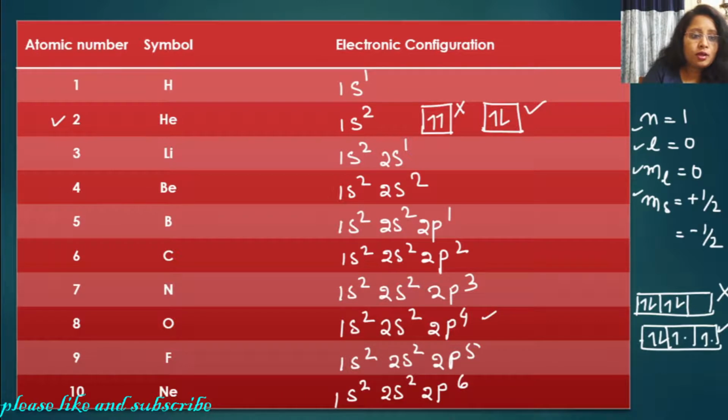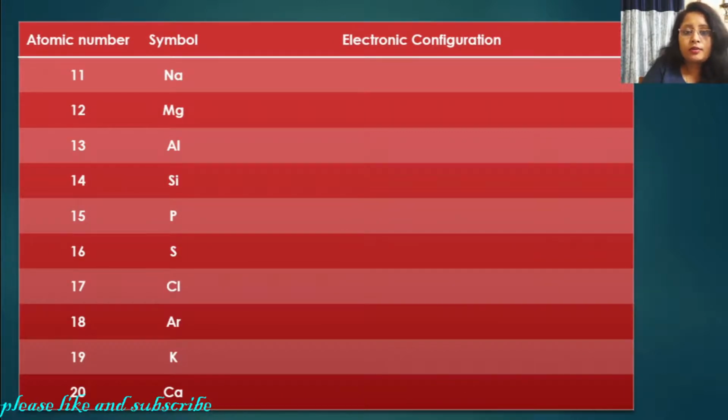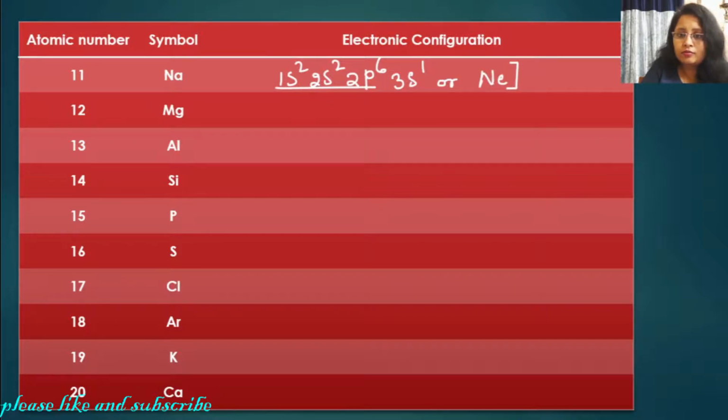Now come to the configuration portion. Again we have 1s2, 2s2, 2p6. This is our neon configuration, and after that the next is 3s1. See, 10 plus 1, 11 electrons. One more thing we can do over here: this configuration is for neon, so in some places you will find [Ne] 3s1.